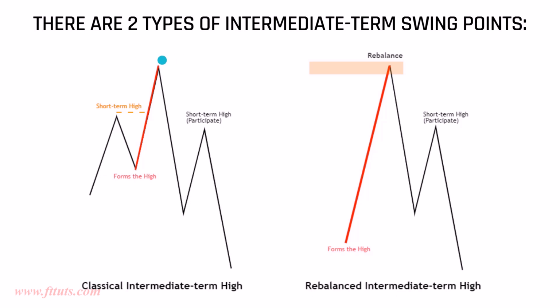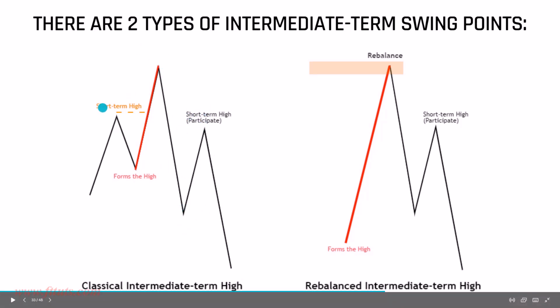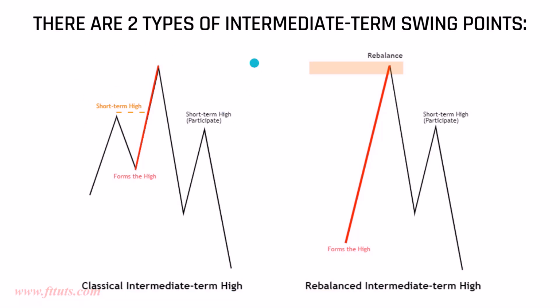Okay, so this move here forms the actual high. This breaks, shows us willingness that it wants to form a high, and then once this starts breaking lower, that confirms the intermediate term high.